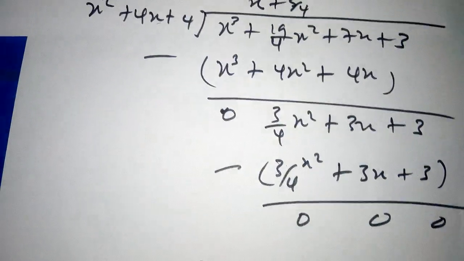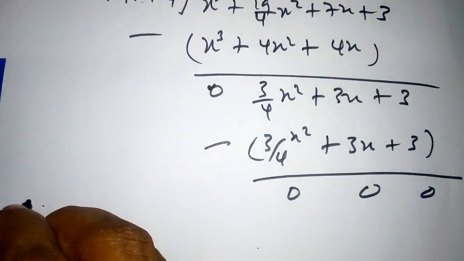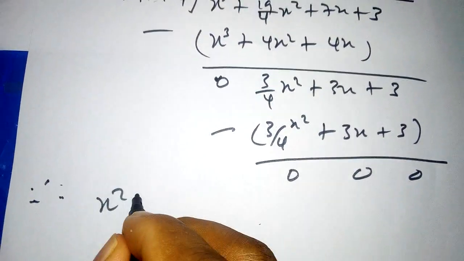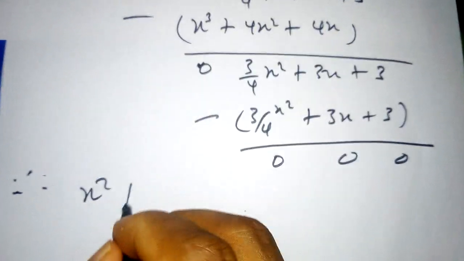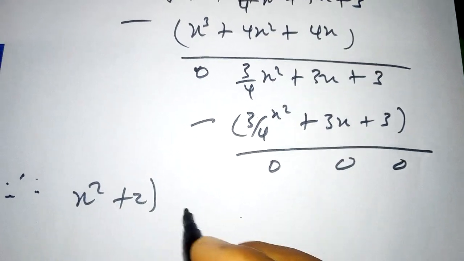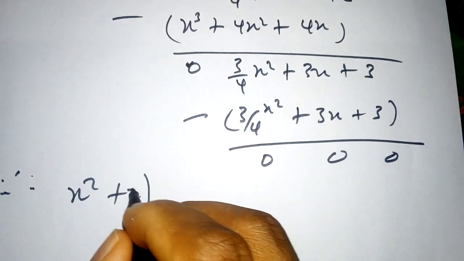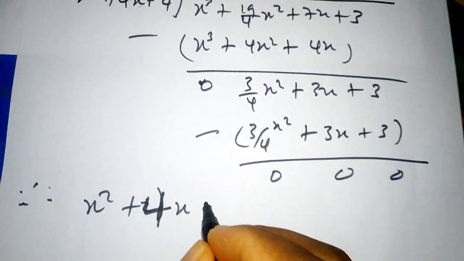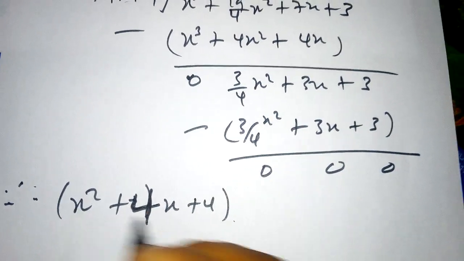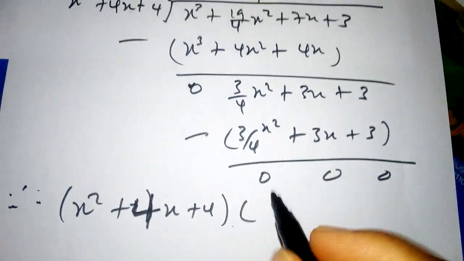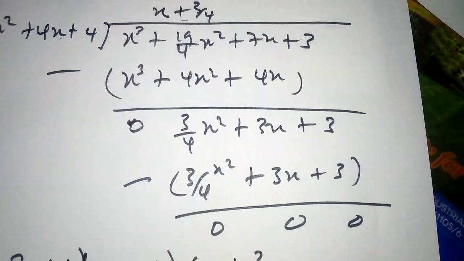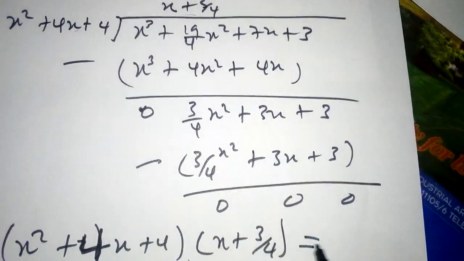So that gives me my factors. Therefore, my factors will be s plus 2 all squared, s squared plus 4s plus 4, and then the top one that I just got here, s plus 3 over 4, which will be equal to 0.